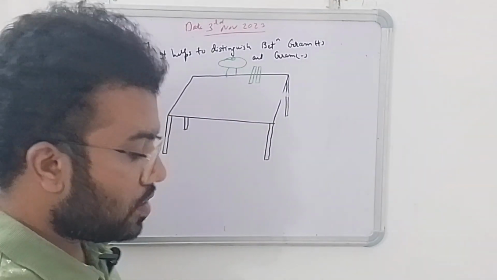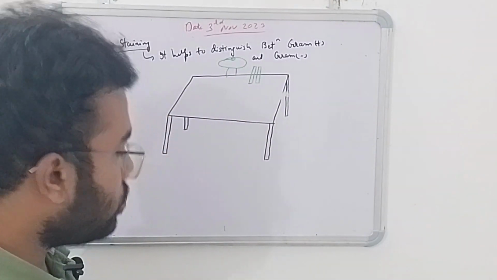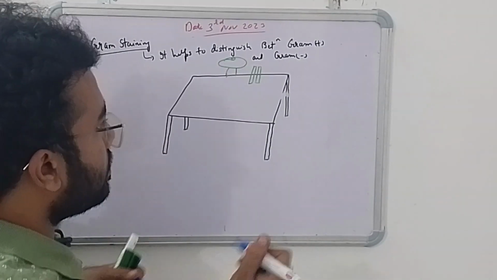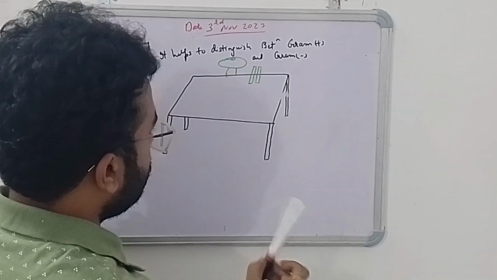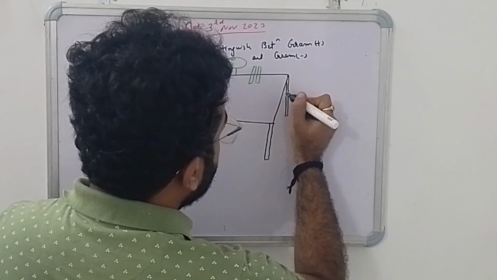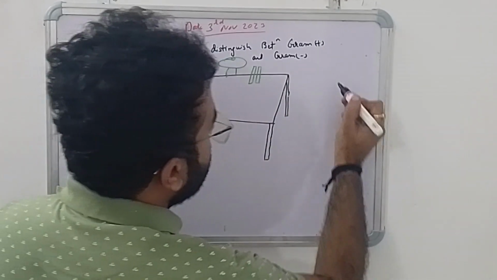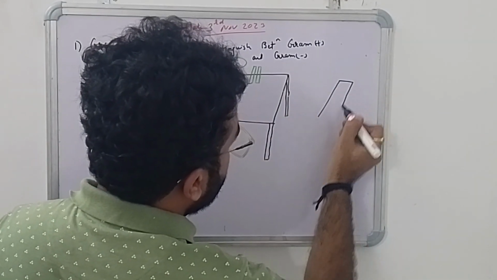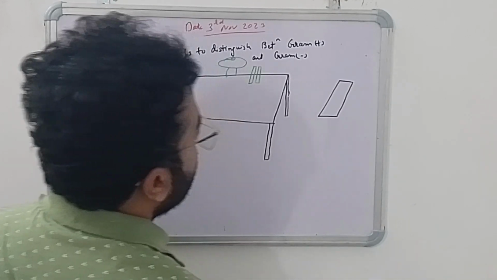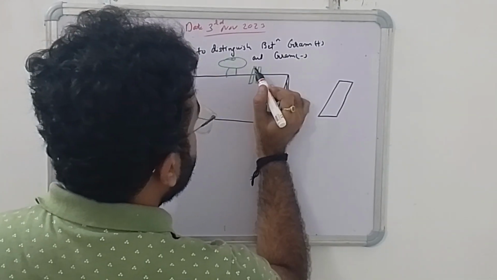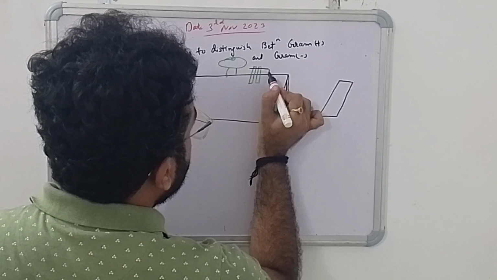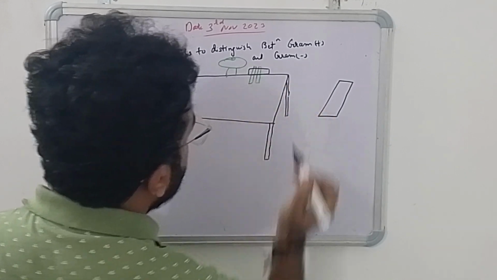So what you have to do is take a slide. Okay, this is a slide. We have to place this slide perpendicular to the rack.